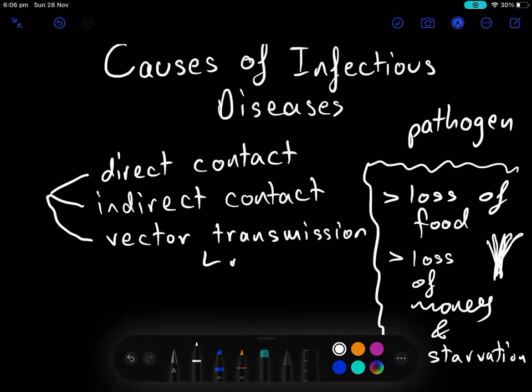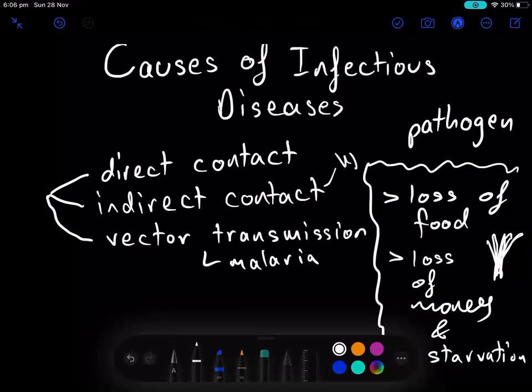Additionally, human poliovirus or HPV is actually a non-enveloped virus, and that aids it in essentially staying on surfaces. So it'll have a greater likelihood of infecting someone. So that's bad in the event of indirect contact.